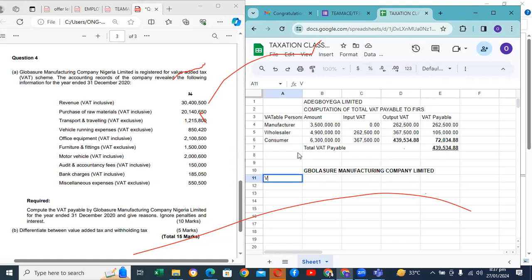So computation of VAT payable, I'm doing Bella Schwabi, for the year ended 31st December 2020.